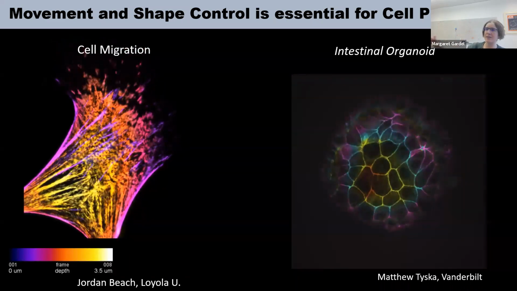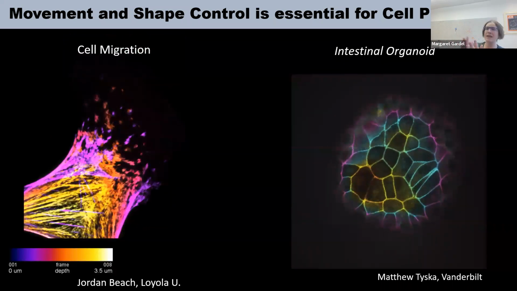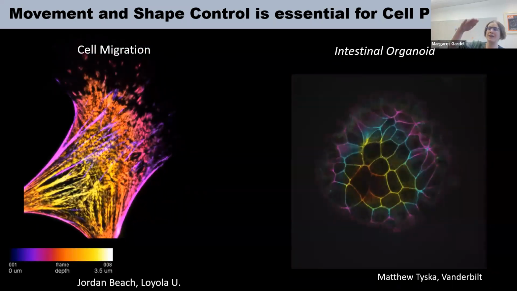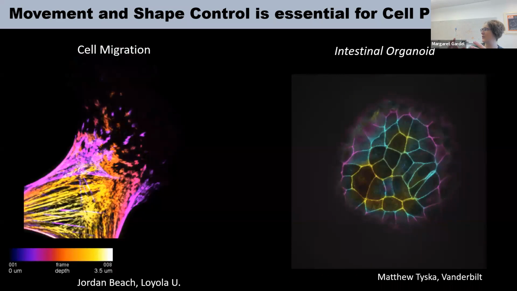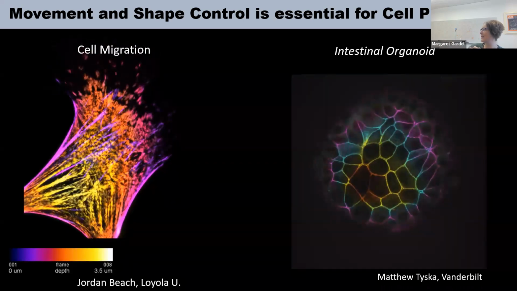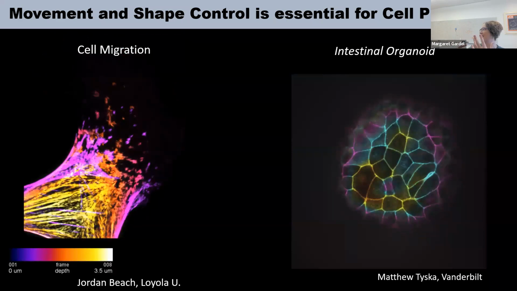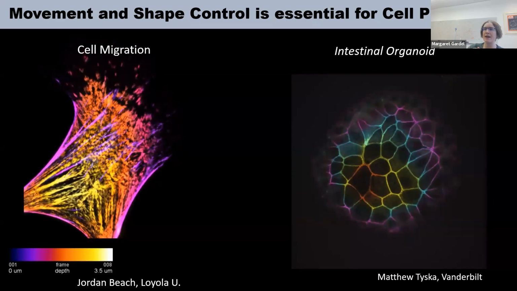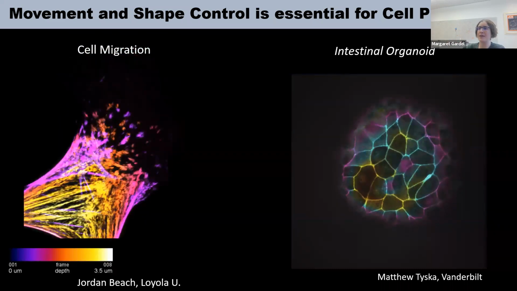On the right hand, it's a membrane stain, and the yellow, the warmer colors are farther away from the cover slip. You're seeing the shape of the epithelial cells in the tissue over time. You can see a bunch of cell divisions, and you can see the shape of cells change in this organoid as it's increasing in volume due to cell proliferation.